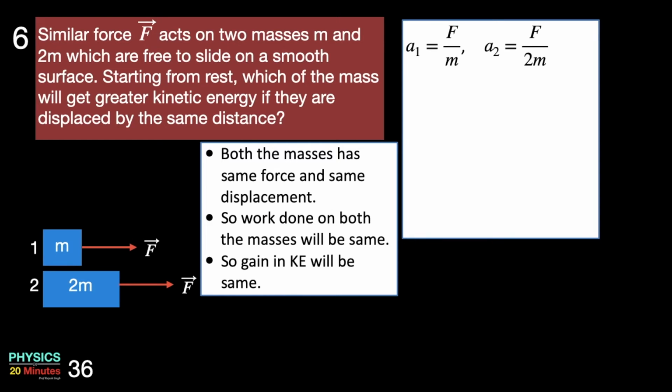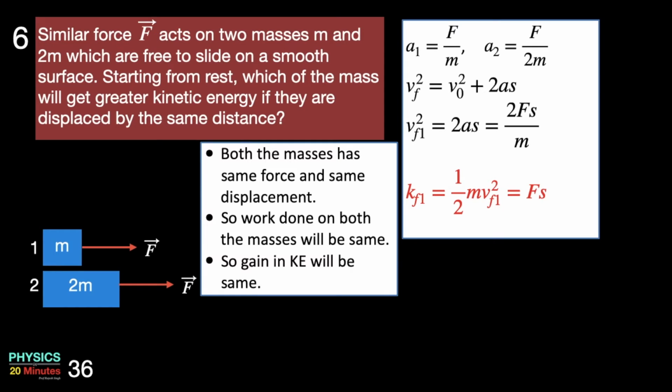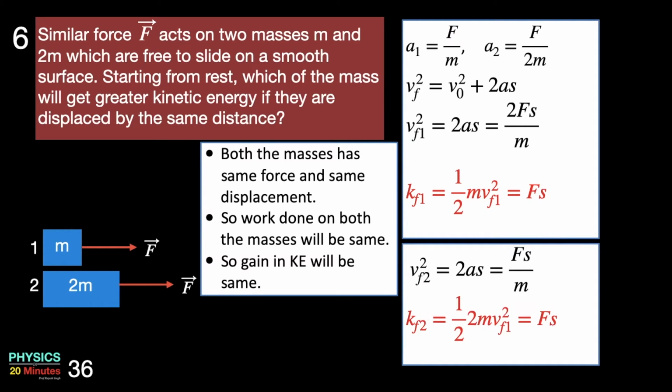I have solved this problem by Newton's law also, just to show you that the work done is the same in both cases. The final kinetic energy is the same in both cases. In the first case it will be F into S, and in the second case also it turns out to be F into S. This is just to show you that the argument we are placing here holds by Newton's laws also. So, going to the next question.